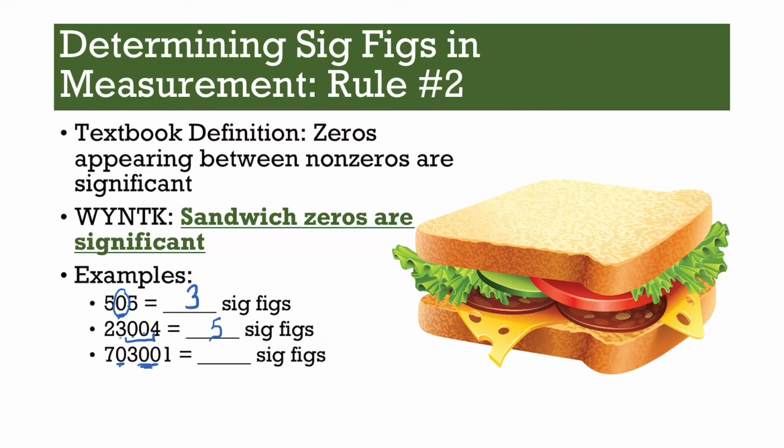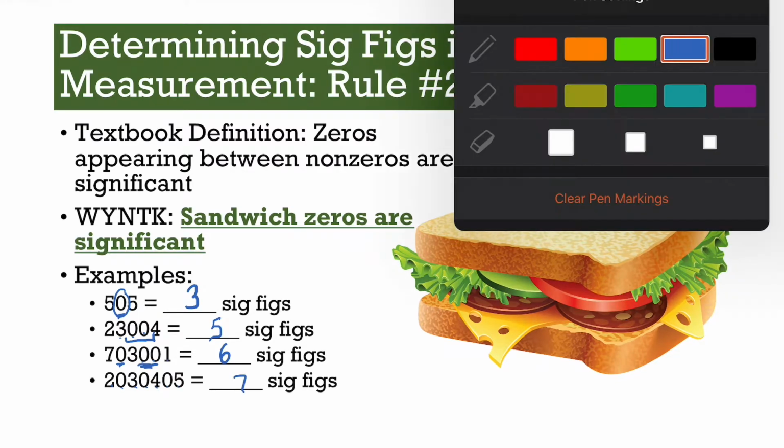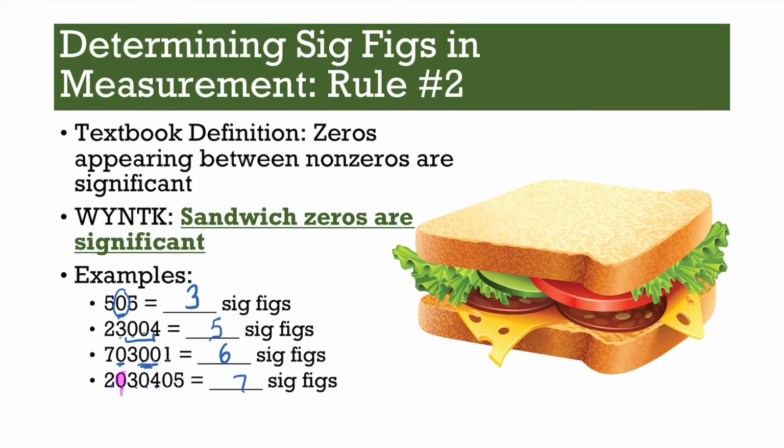So you have 1, 2, 3, 4, 5, 6 significant figures. And with the last one, how many sig figs do you have? So you should have said 1, 2, 3, 4, 5, 6, 7 significant figures. So I'll get a highlighter here. That 0 is significant, this one is, and that one is, because they are sandwiched in between numbers that are not 0.